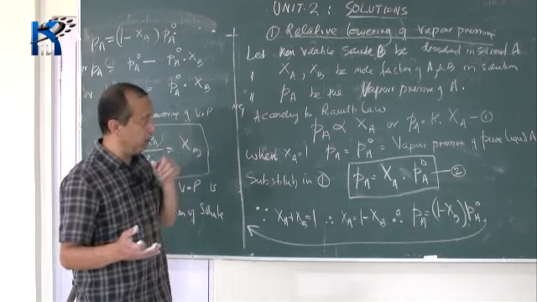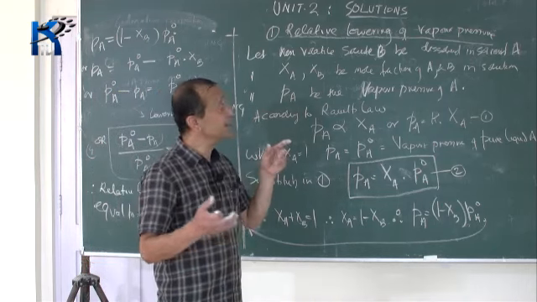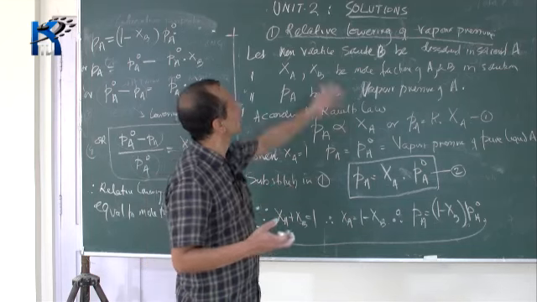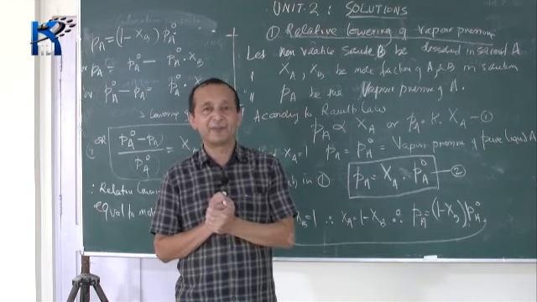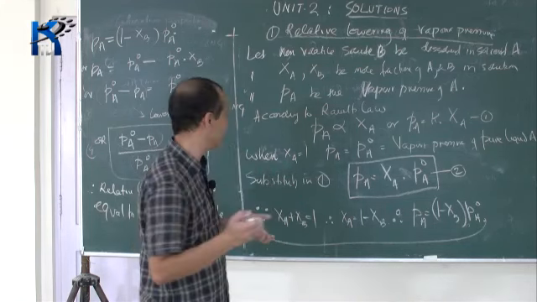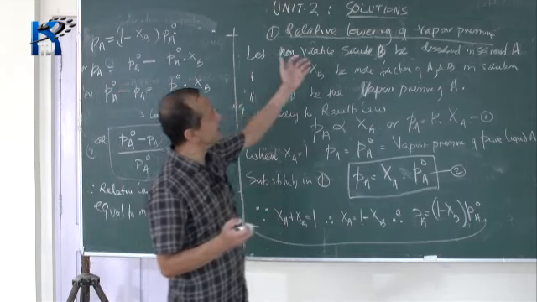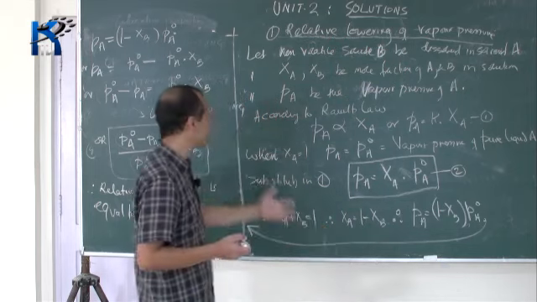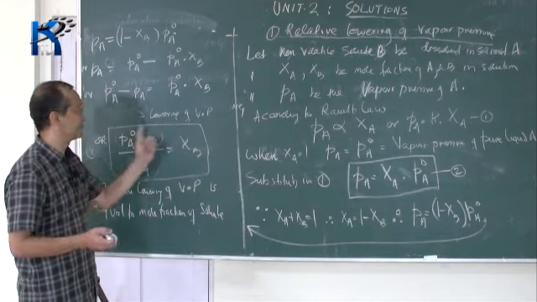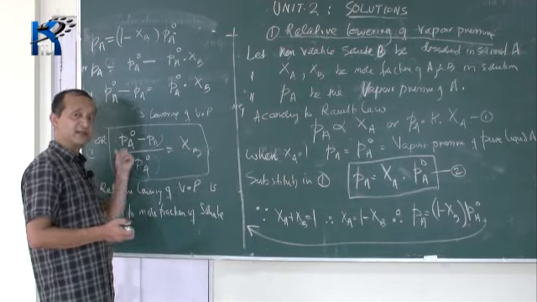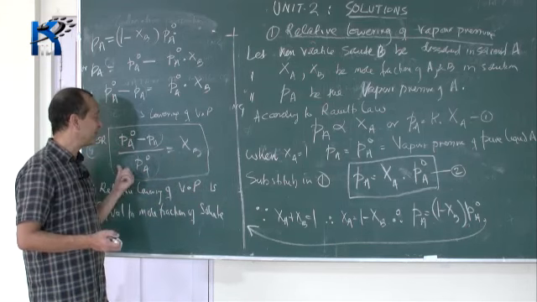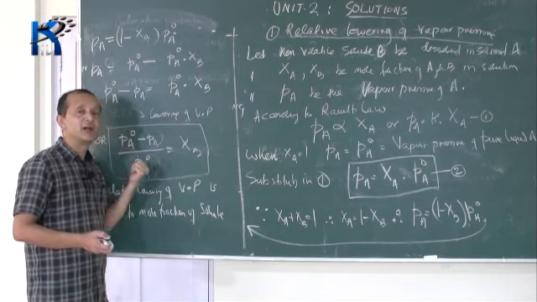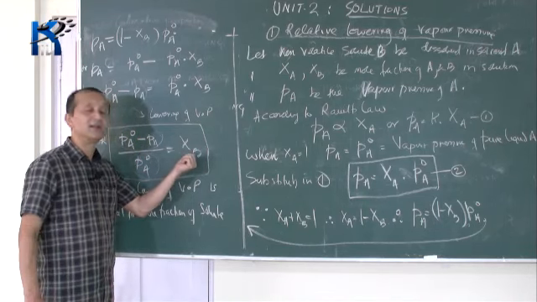Next, in this topic you have to prove that this is a colligative property. How do you prove it? To prove that relative lowering of vapor pressure is a colligative property, you have to do this derivation. At the end you get this expression: the relative lowering of vapor pressure is equal to the mole fraction of the solute.